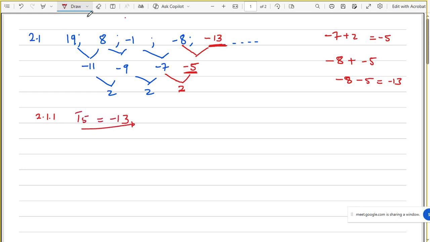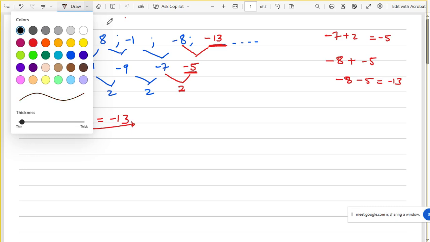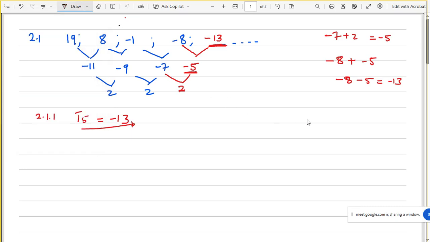Right, let me show you this algebraically. I have -7. Let's say this is x, which is unknown. If I take x and subtract -7, I need to get an answer of 2. So x plus 7 equals 2. The 7 goes to the other side, so x is 2 minus 7.